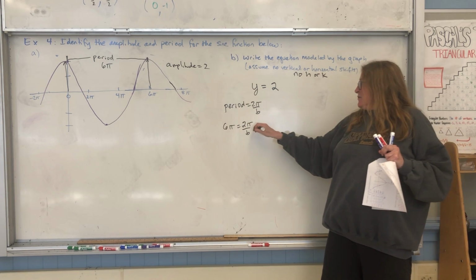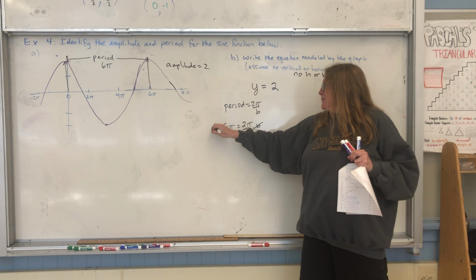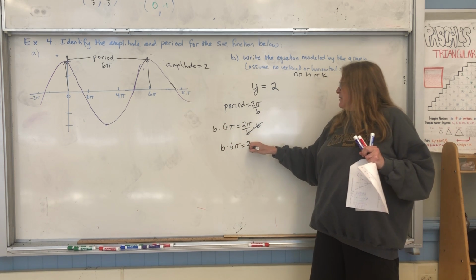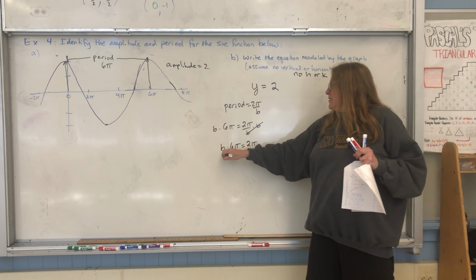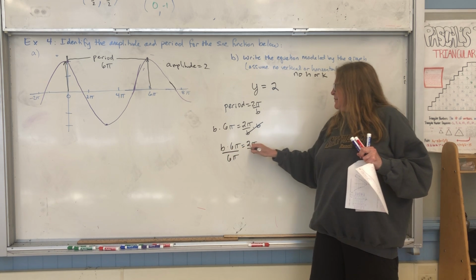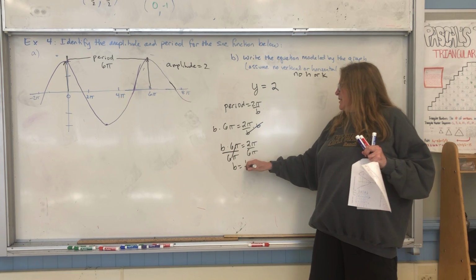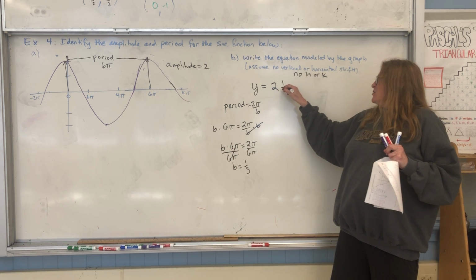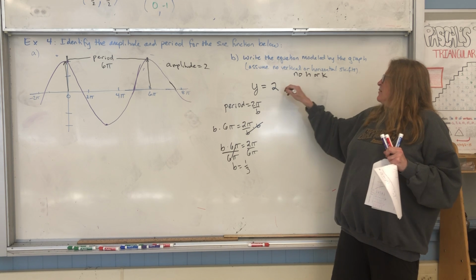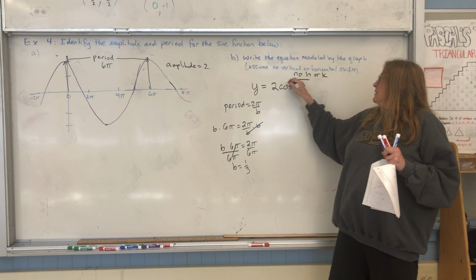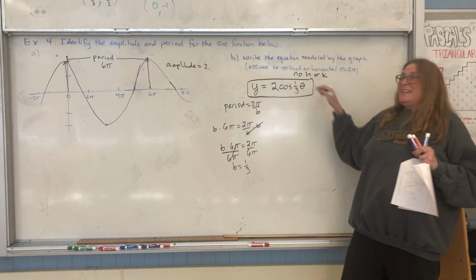Right? So let's find our b value. b times 6 pi equals 2 pi. And now let's divide by 6 pi. And 2 pi divided by 6 pi is 1/3. So I can just put the 1/3 right in here. And that's it for cosine.